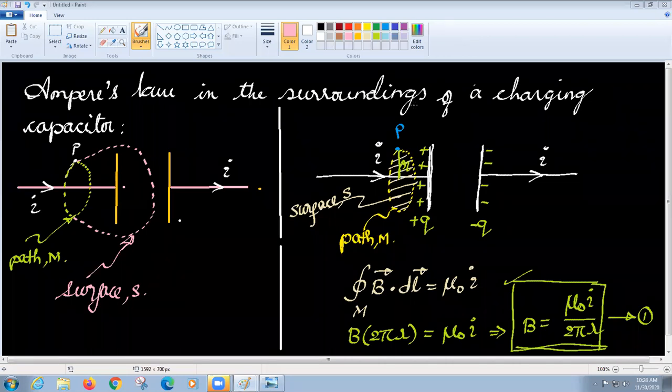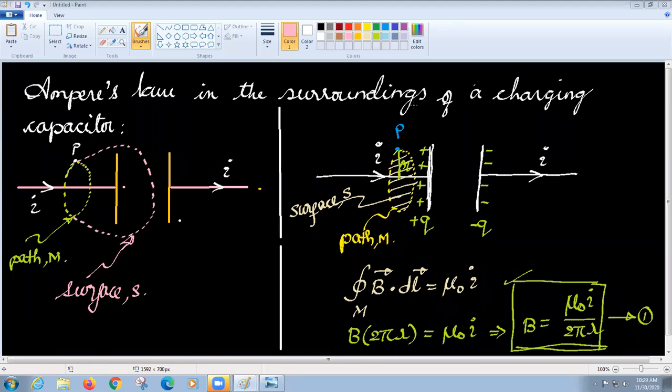So Kishore Yadav is saying that it is 0. Why 0, Kishore Yadav? Sir, by seeing that surface, actually current is not leaving, sir.